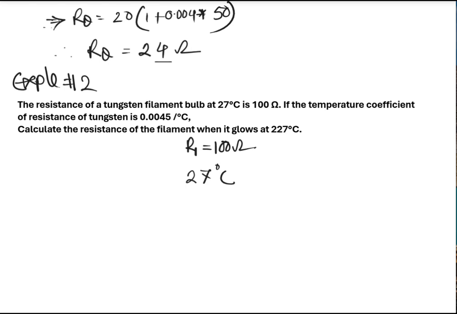And the temperature coefficient TCR alpha is equal to 0.0045 per degree Celsius. Calculate the resistance of the filament when the temperature goes to 227 degrees Celsius.